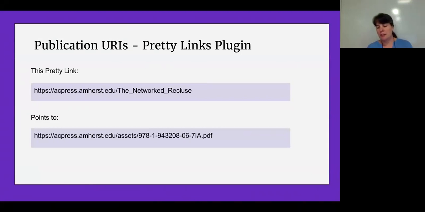So for some of the features that I mentioned earlier, I'm just going to talk a little bit about what we've done to achieve that so far. For the publication URIs, we use the Pretty Links plugin. And basically that just makes your links nice and clean. So instead of having to point to some unwieldy named PDF, you can just point to the network address and you get the book.